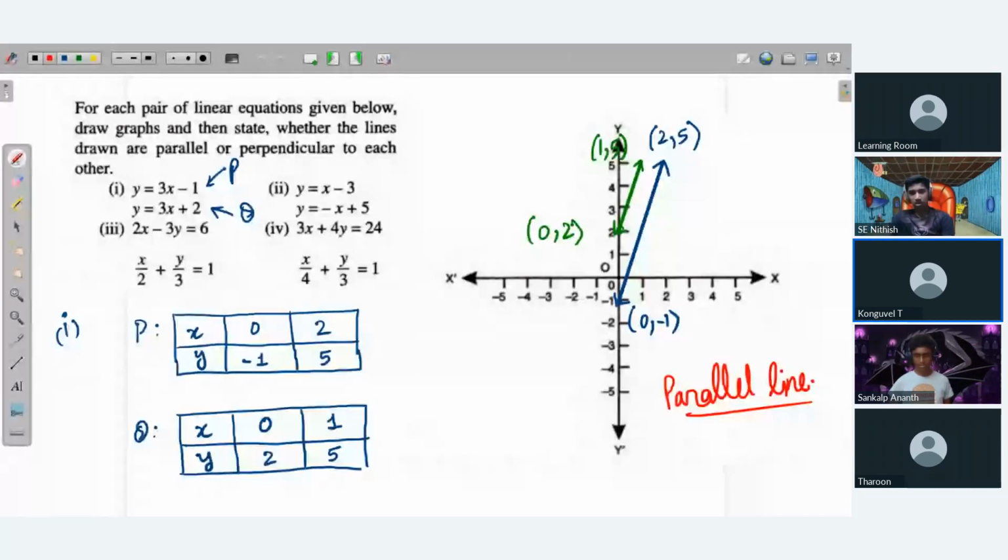The slope is the tan theta, the coefficient of x. The slope is 3. Yes, the slope is the coefficient of x, where we saw here, right? Yes, sir.